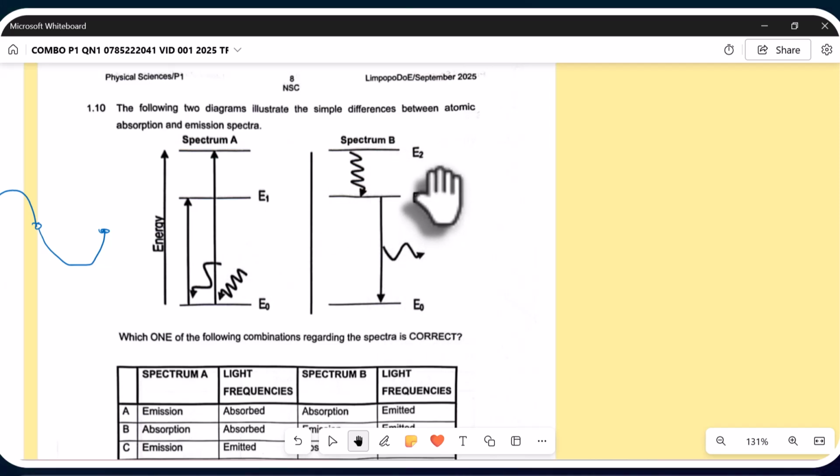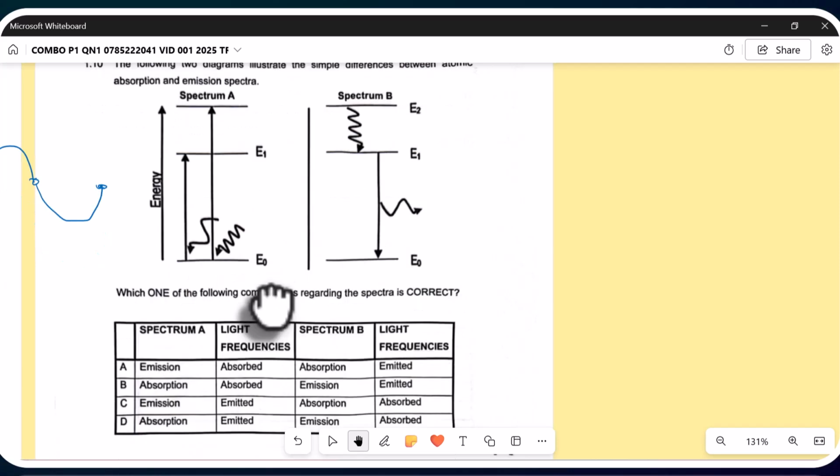So this one is absolutely not correct here. The best answer here is going to be this one here. So the option is B for question 1.10 multiple choice, Limpopo.